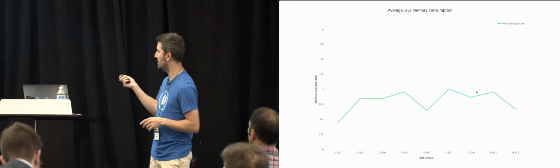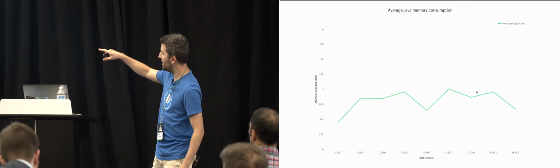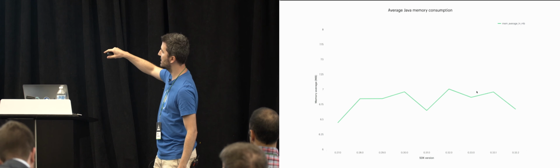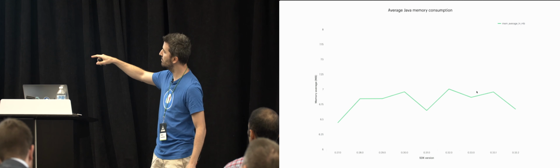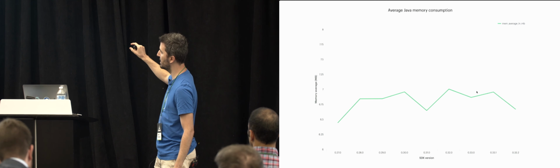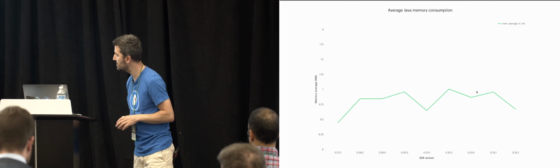And as you can see here in this graph, we are showing the average Java memory consumption over the different SDK versions, right? And the good part about this is that we can say that we have this range in which we are moving, from 6.5 to 7, more or less.